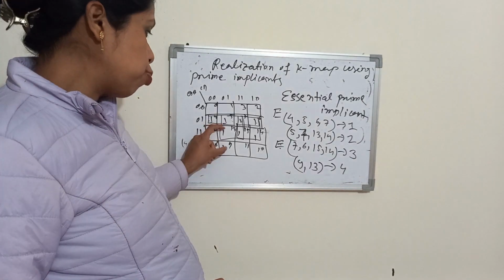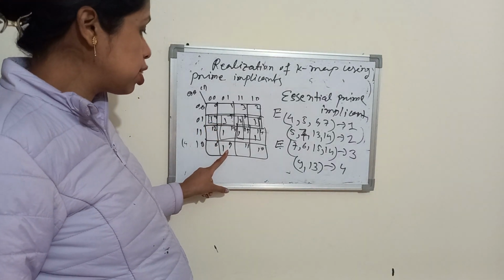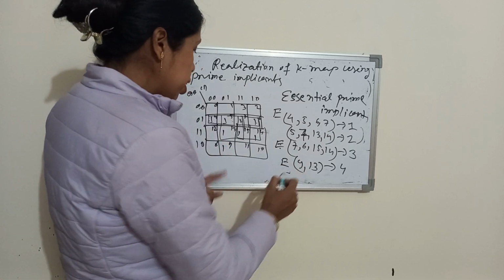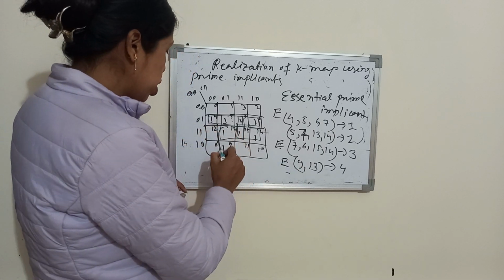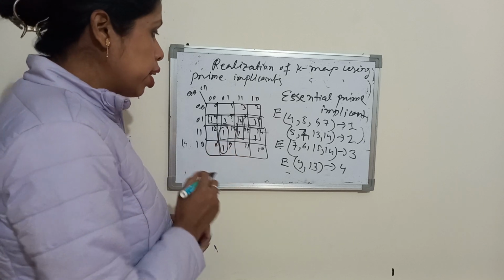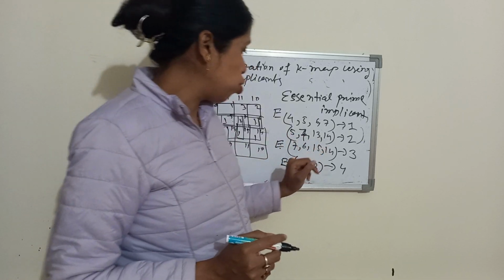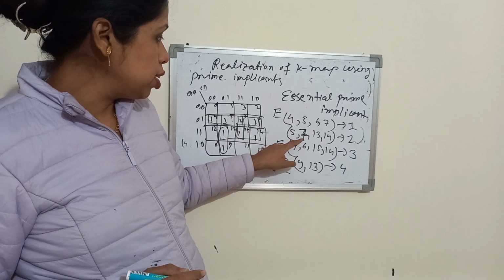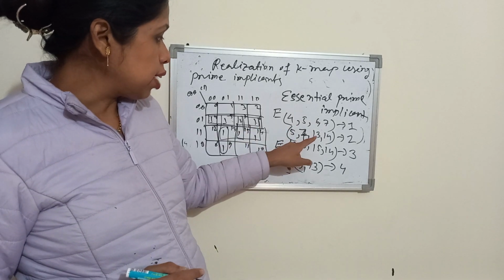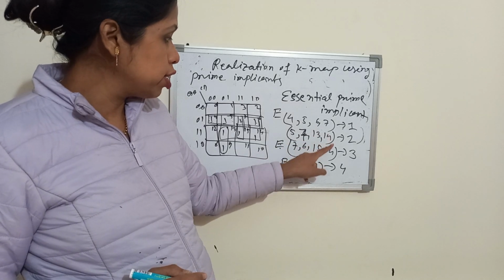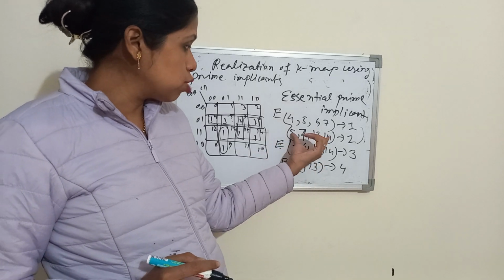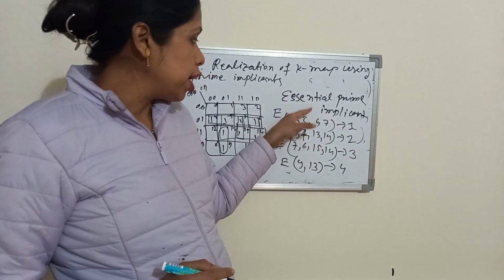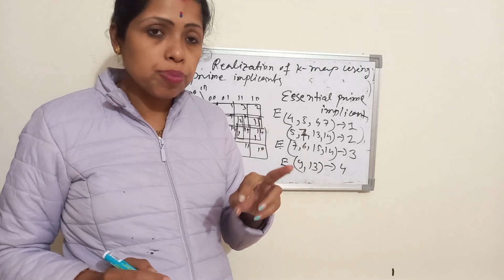I have to consider this anyhow, because this is left. Then 9 and 13 is also an essential prime implicant. Now come to 5 7 13 15. You can see 5 is included in another group, 7 is included, 13 is also included, and 15 is also included. So in this group, all the numbers are included in the other three groups.